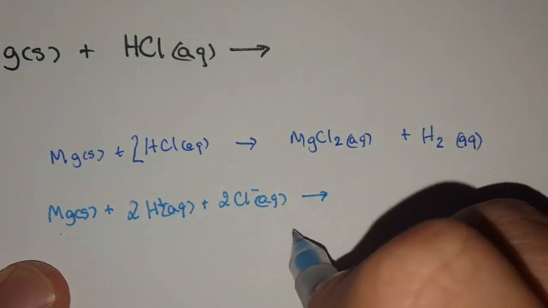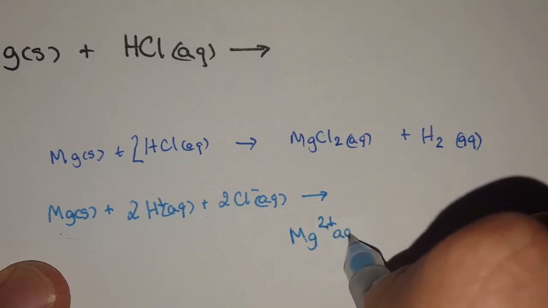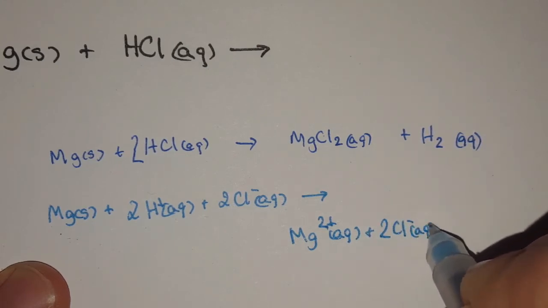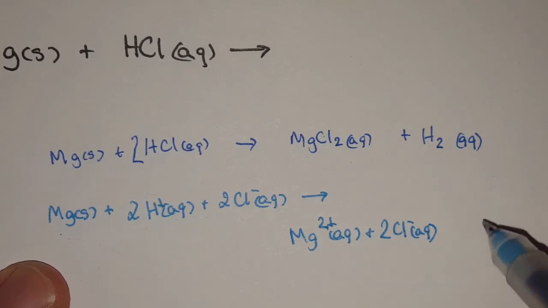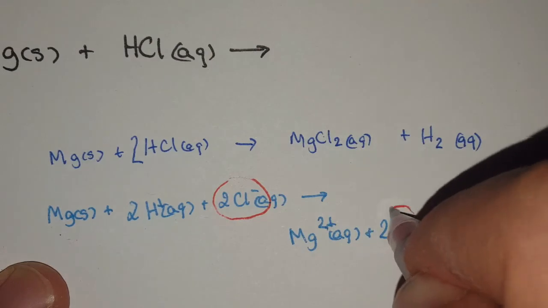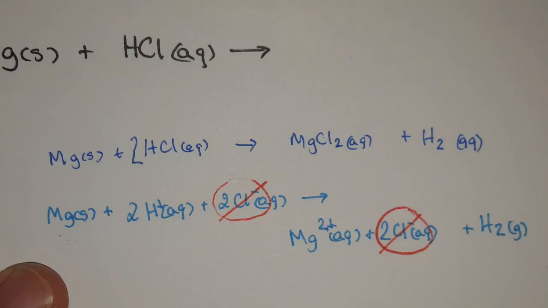My magnesium chloride will also dissociate into its ions because it's aqueous, and when one of them dissociates, I get 1 magnesium ion and 2 chloride ions, and my hydrogen gas stays together because it is a gas. Now I can see that my chloride ion is present on both sides, so it's a spectator, and I can remove it from the reaction.